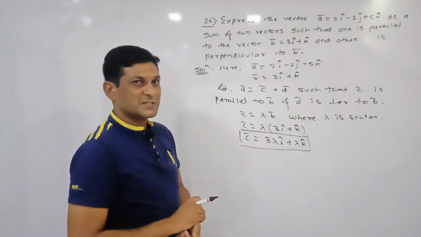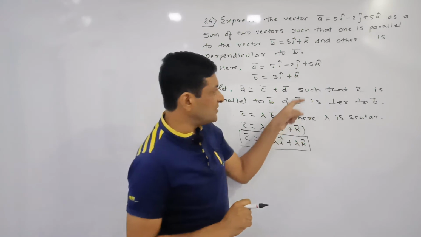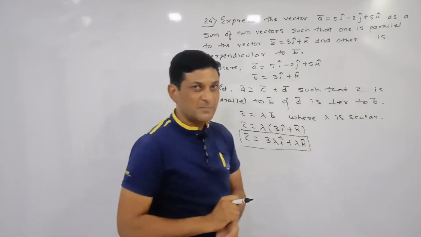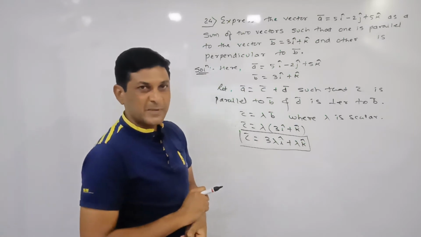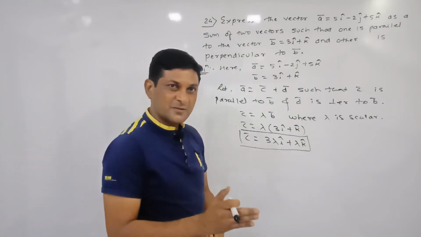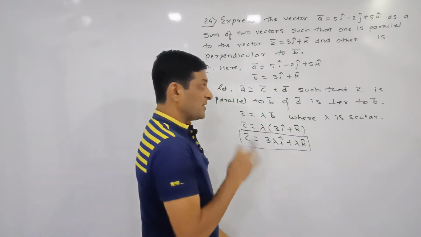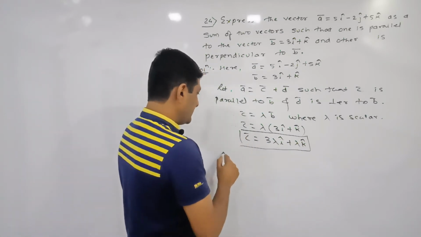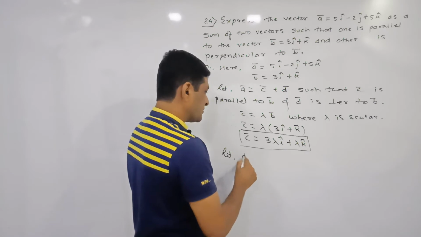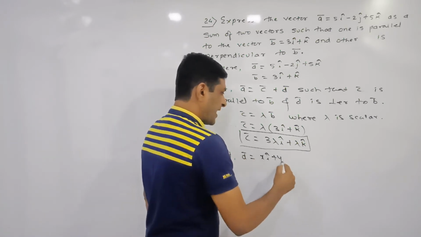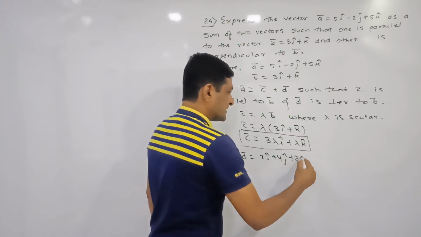Now we are using the second given condition. What is the second condition? That this D bar is perpendicular to B bar, and we know that if two vectors are perpendicular then their dot product will be equal to 0. So let us make use of this given condition. But before that I am supposing that D bar is equal to xi cap plus yj cap plus zk cap.